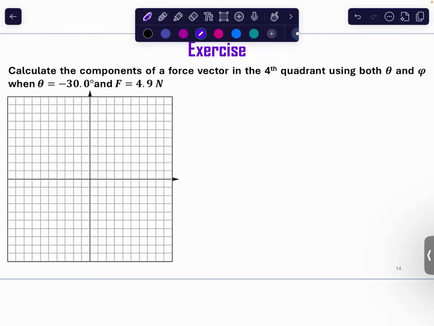So theta is a clockwise motion into the quadrant. You can't even follow it. Well, let me, hang on.